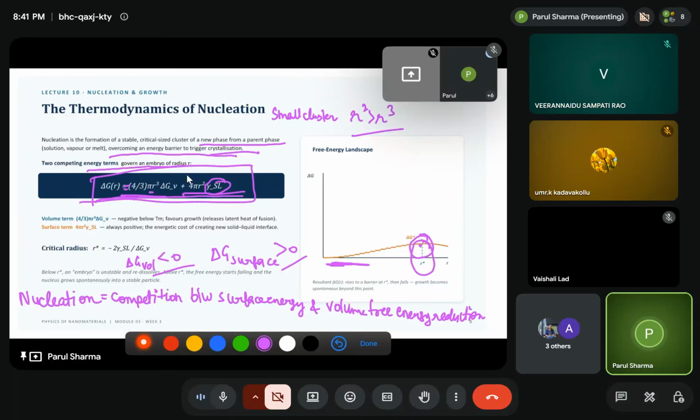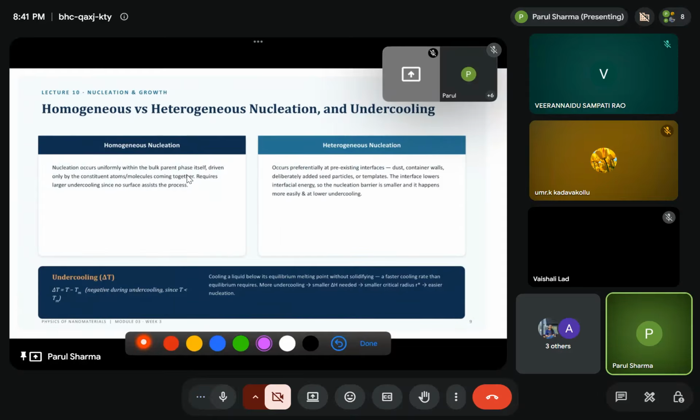So higher surface energy or lower undercooling will increase the critical radius, making nucleation more difficult. So there are homogeneous nucleation versus heterogeneous nucleation and undercooling.